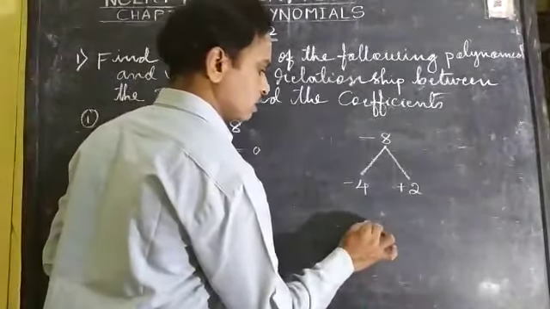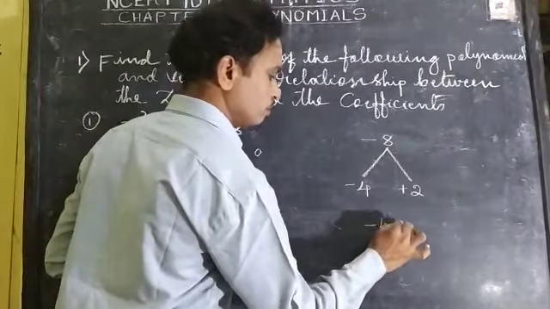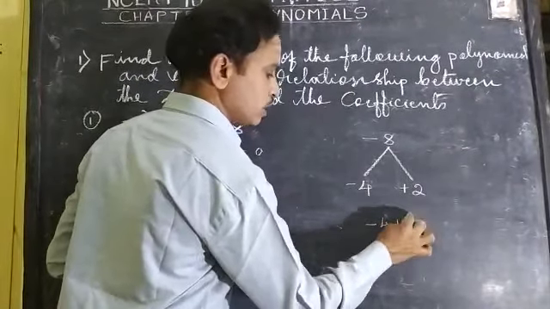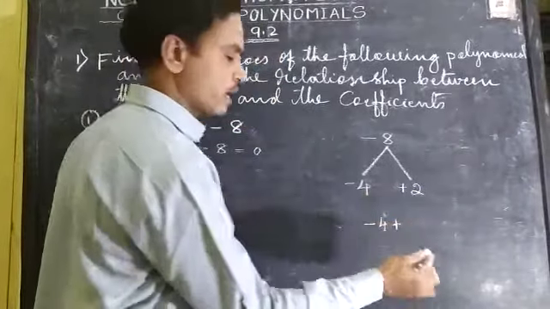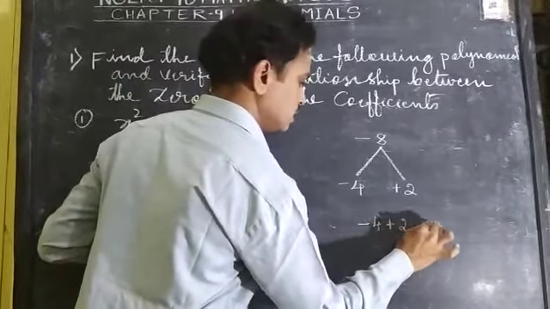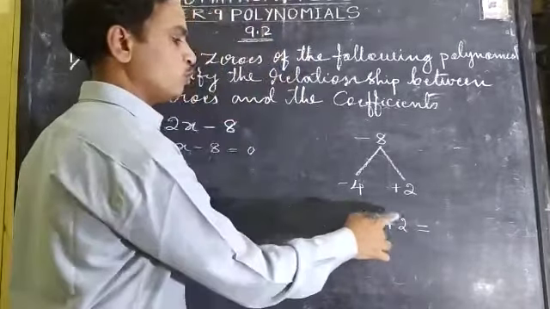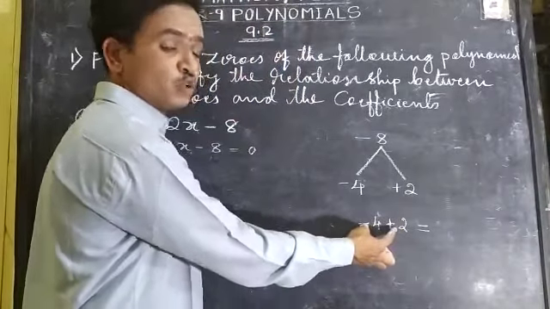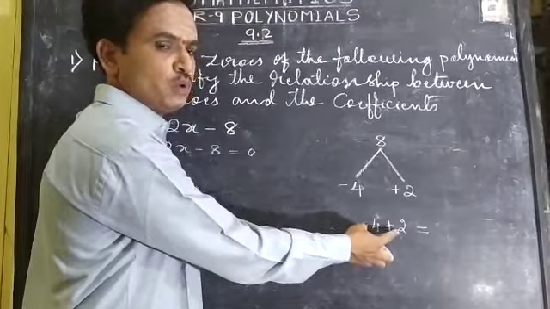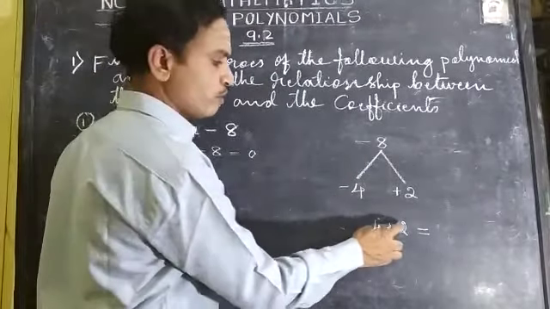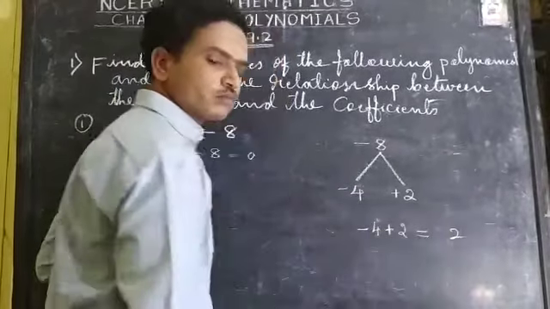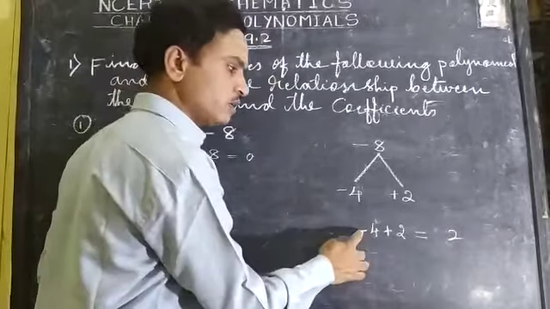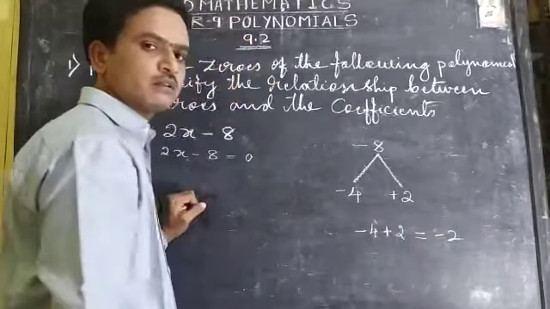Then you see minus 4 plus 2. Both are opposite signs. What should we do? We should subtract first. 4 minus 2, write 2. The biggest number's sign is minus, so keep the minus sign.